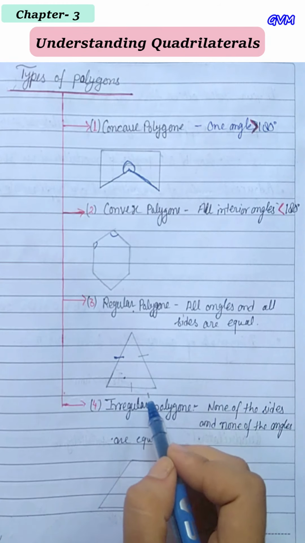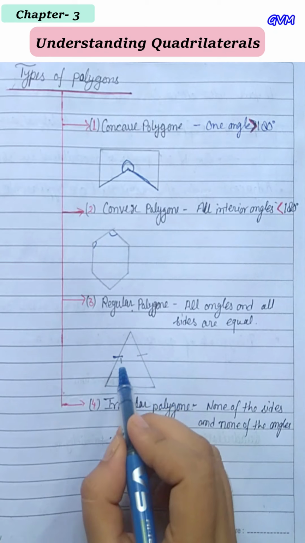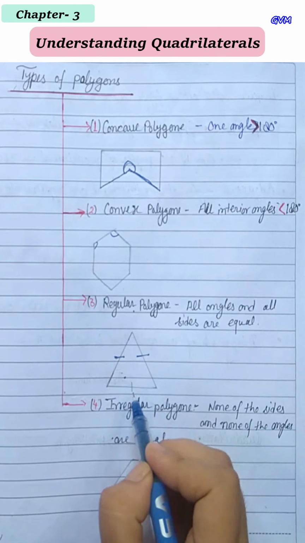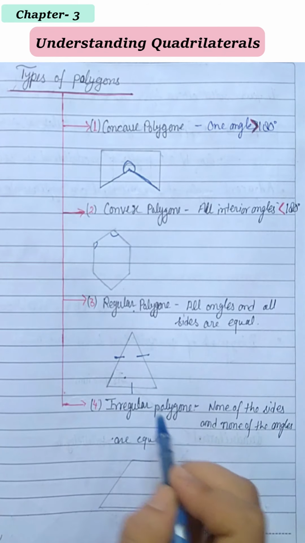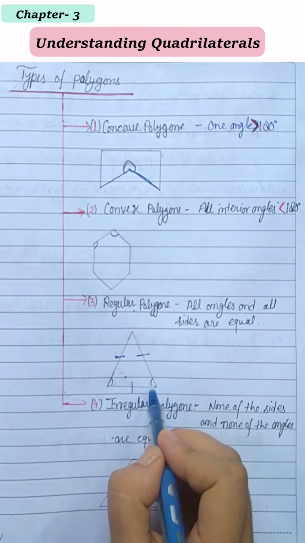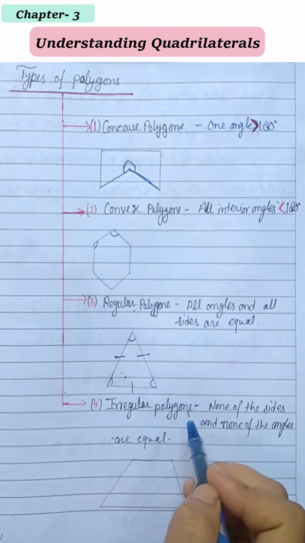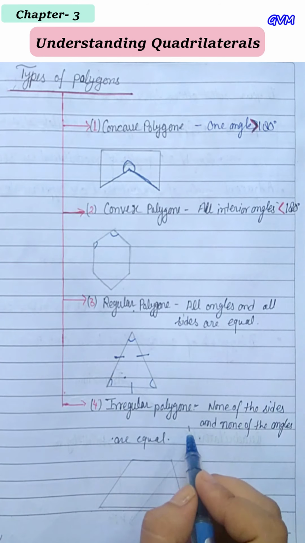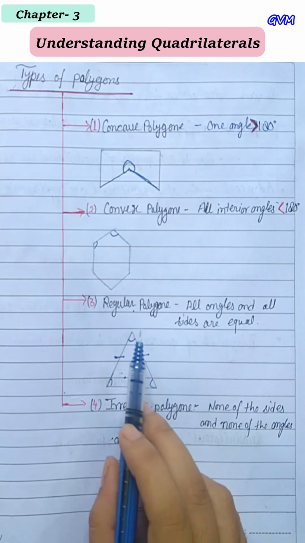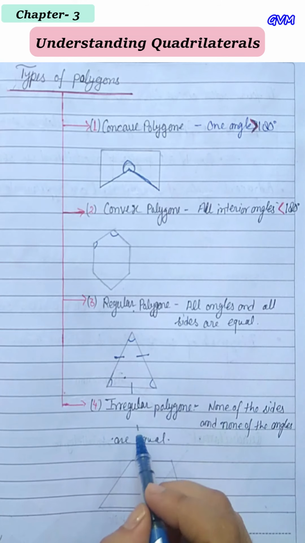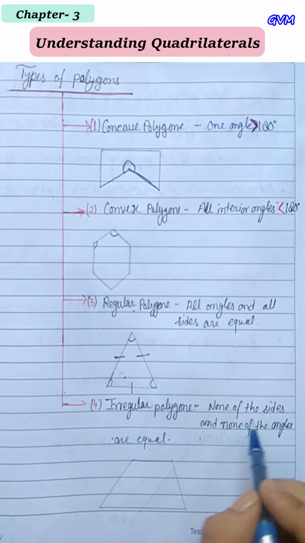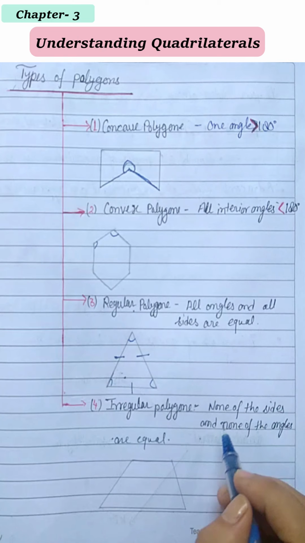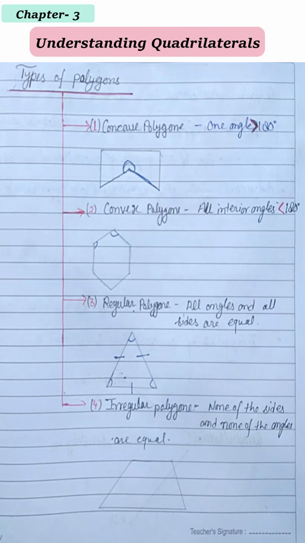So this is an equilateral triangle, and in this triangle every side is equal to each other and also every angle is equal to each other. Okay. Fourth we have irregular polygon. So just opposite to regular polygon, in irregular polygon none of the sides and none of the angles are equal.